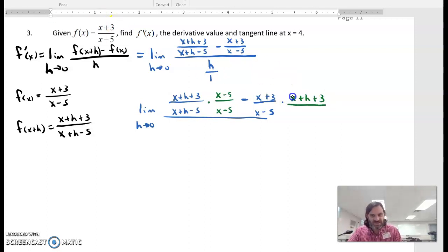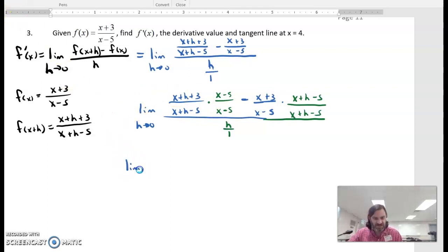We need to multiply by the denominator, x plus h minus 5 over x plus h minus 5. I'm getting a little too excited here. Once again, this is over h over 1. Now they look like they have a common denominator, but we've really got to clean that up, and it's no fun at all. Let's keep working.